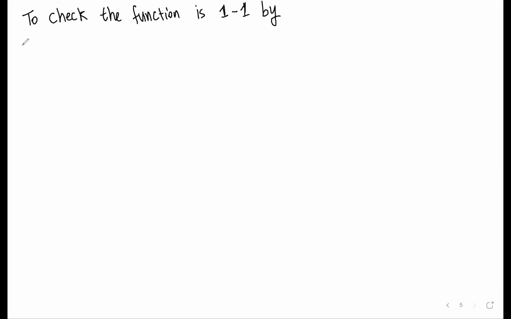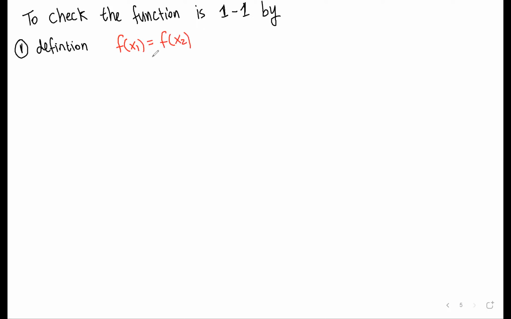The first thing is the definition. Definition of 1-to-1: the definition says if I have f of x1, suppose f of x1 equals f of x2.